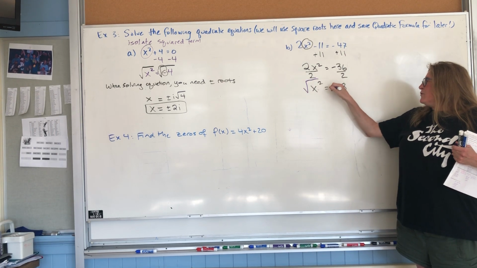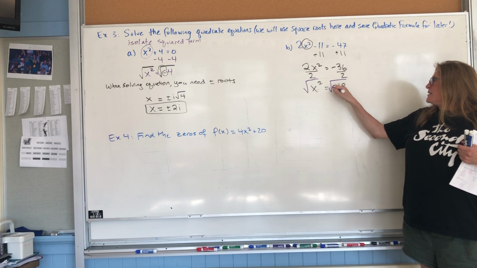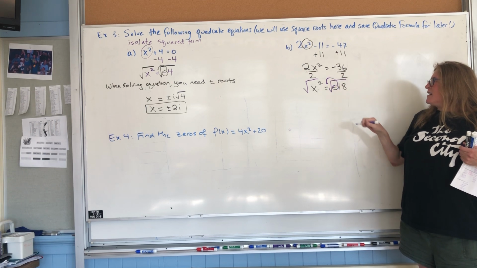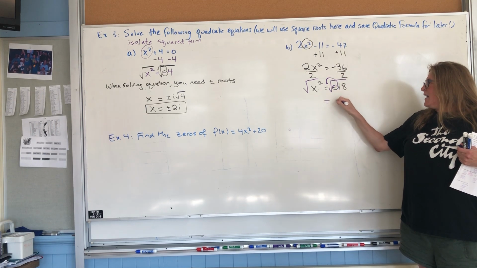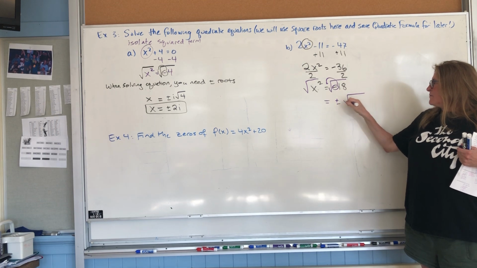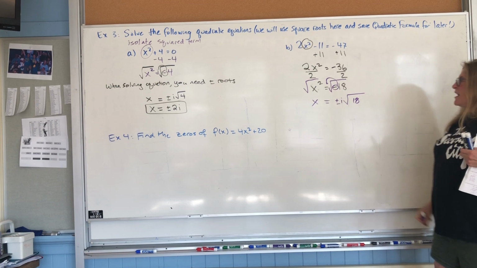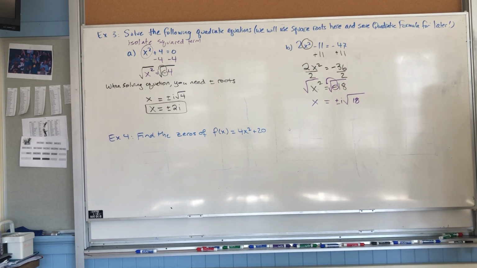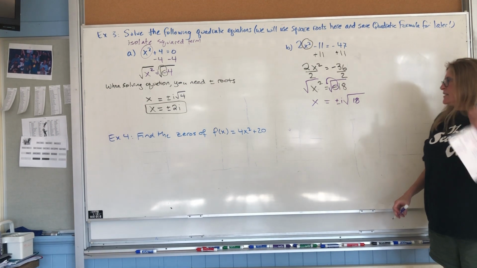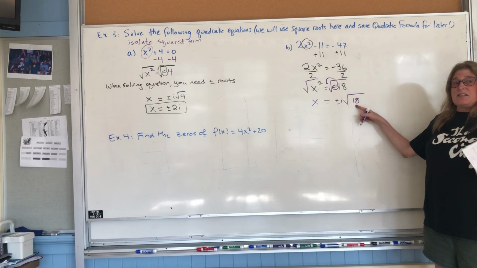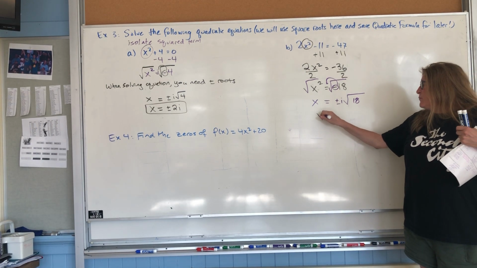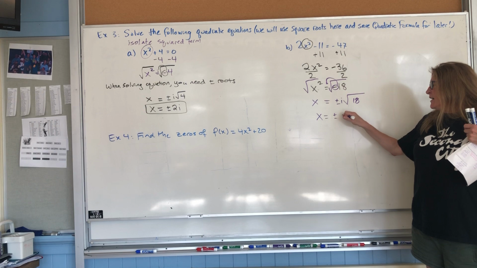Now we're going to square root both sides, and we're going to say, oh, look, that negative sign can come out and become an i. Right, so I've got x equals plus or minus i square root 18. Well, root 18 isn't a perfect square, but it can be reduced, simplified.